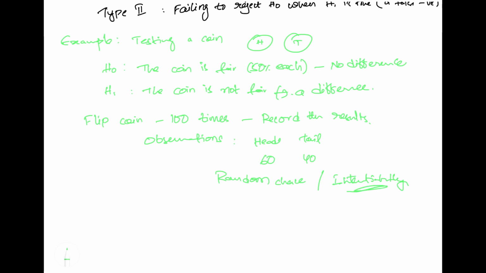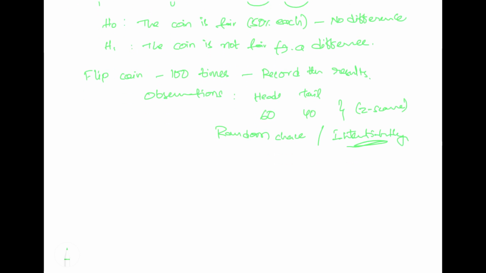For this you perform a test called the Z-score, which we can find in another video, to determine whether this is random chance or due to inherent bias. From the Z-score test, you will get a test statistic.